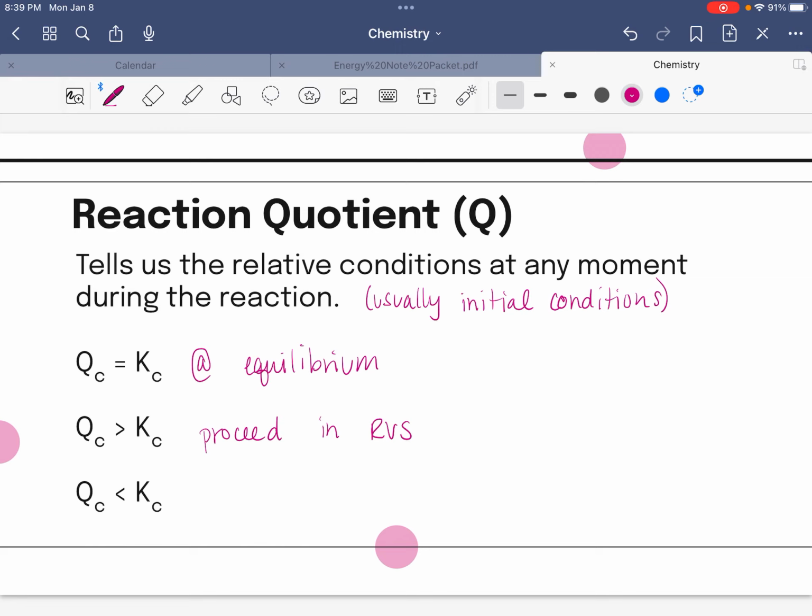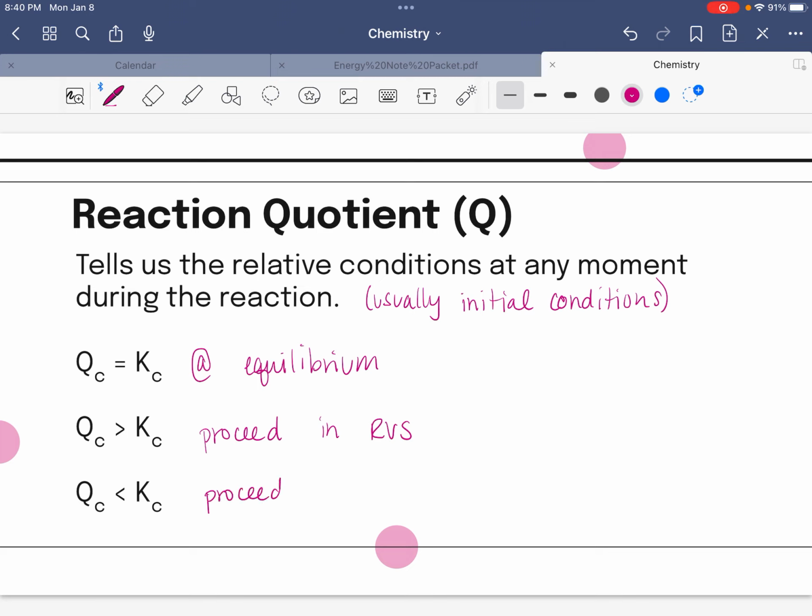So if Q is larger than K, that means we've gone too far, so it's going to shift in the reverse direction. If our Q value is less than K, that means it hasn't gotten to equilibrium yet, so it's going to have to go forward in order to reach equilibrium.